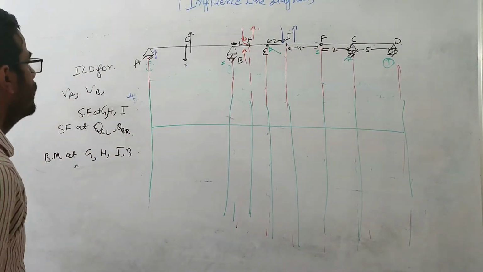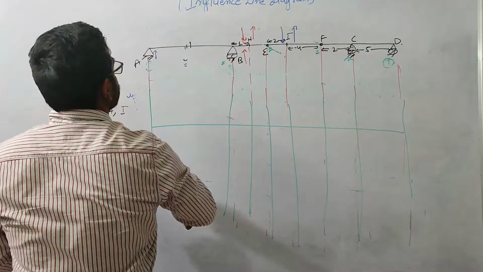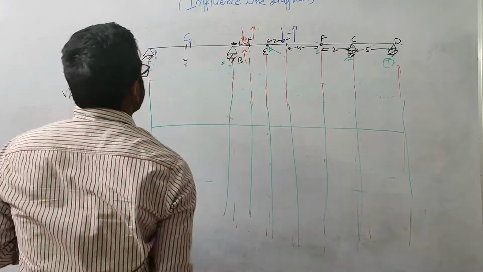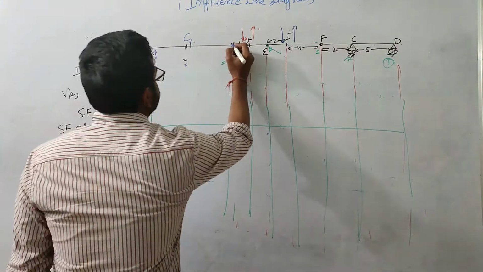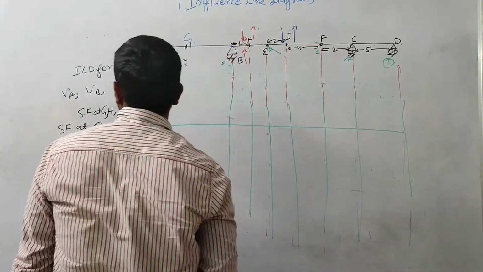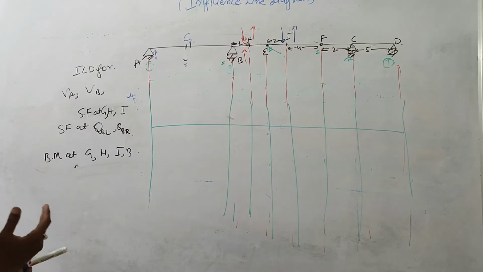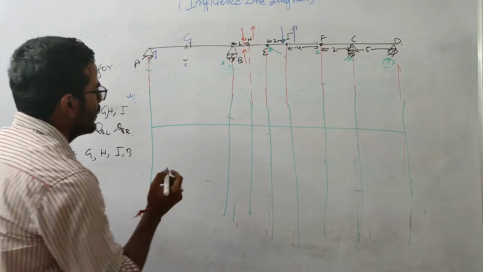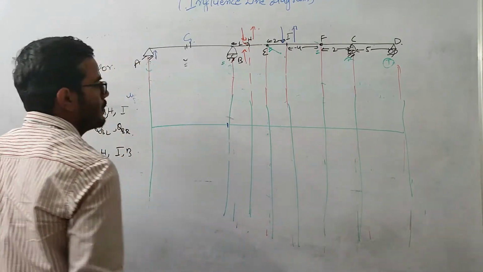Now this point G. Now we need to find the shear force for the point just at the left of B, and just at the right of B. When I need to find the shear force just at the left of B, what I'm doing over here is making some cut. I'm releasing the shear force.